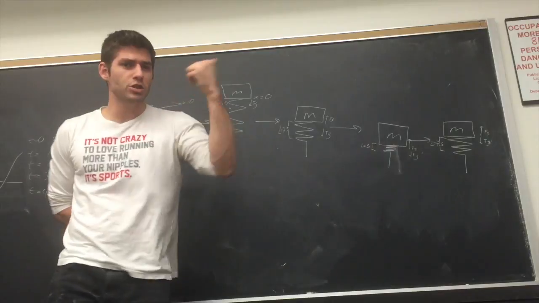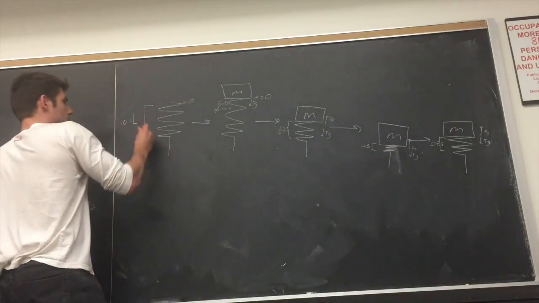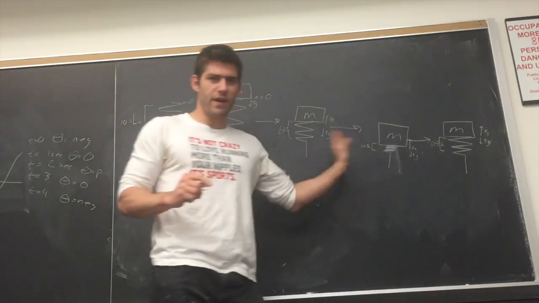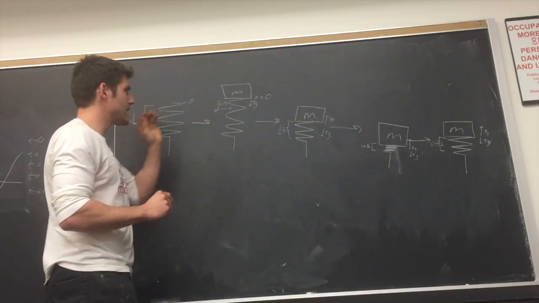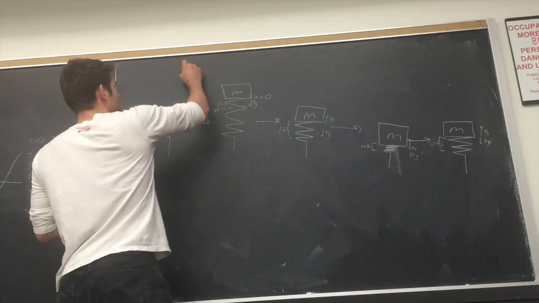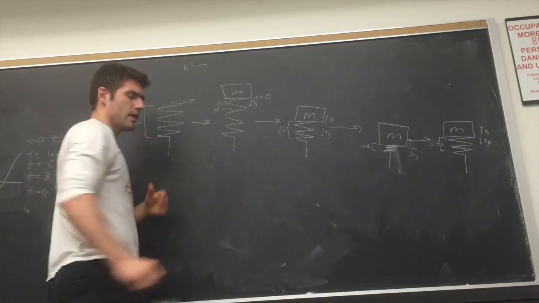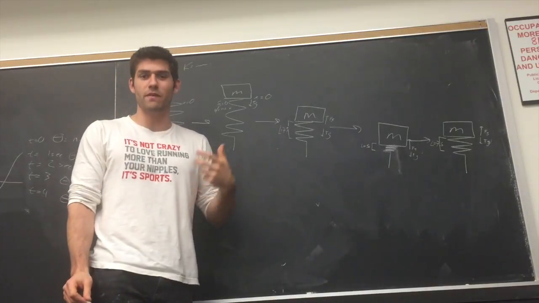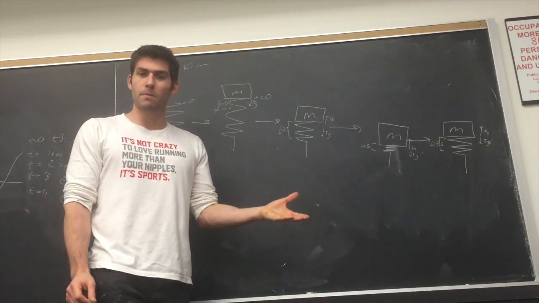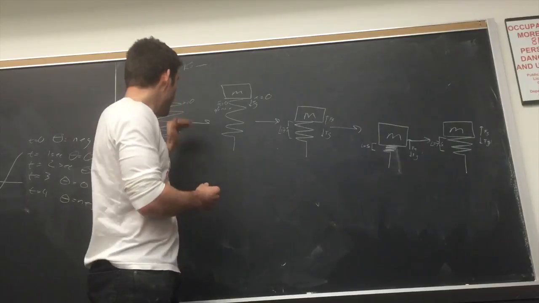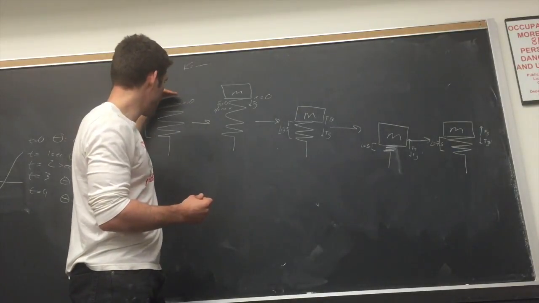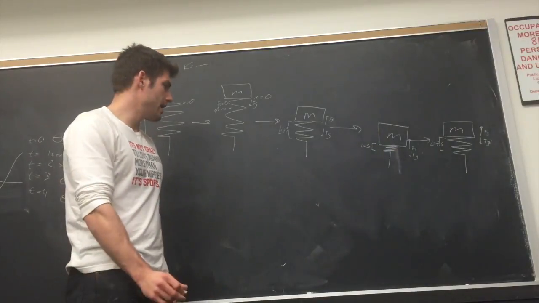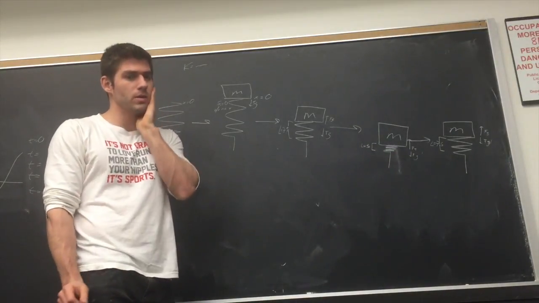I think they gave you different original lengths, different final compressed lengths L, and different k values, and they wanted you to rank several of these scenarios based off of the period. How long does it take one of these to go all the way down and then back up versus another with different variables? It was pretty tricky. A lot of people came to me with questions on this.